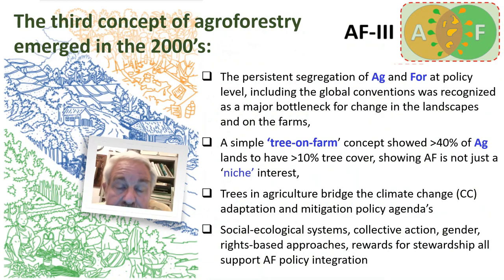But also realized that trees in agriculture bridge the relation between adaptation and mitigation in climate change, because they modify the microclimate, mesoclimate, and the social ecological systems approach gained further strength, linked with collective action, gender, rights-based approaches, stewardship, and the relevance of sustainable development goals, all in support of a policy perspective that brings agriculture and forestry together with agroforestry as an active interface between the two.